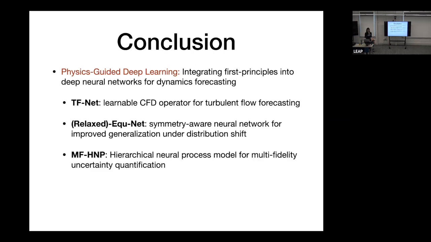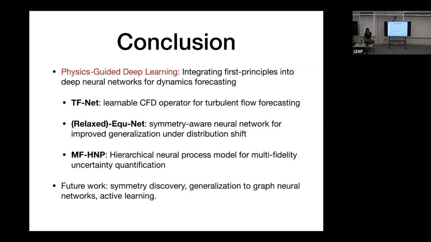And then I talked about this hierarchical neural process for multi-fidelity modeling that also allows uncertainty quantification. So there's a lot of work that needs to be done here. As I mentioned, the discovery of symmetry is a very exciting direction that we're currently exploring, generalization to irregular mesh or graph networks or active learning.